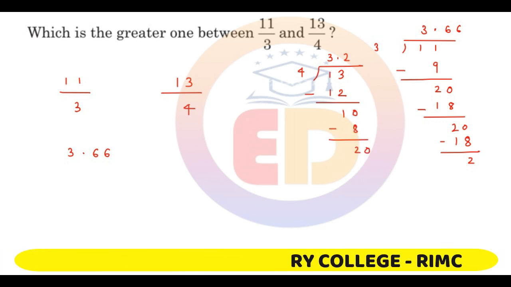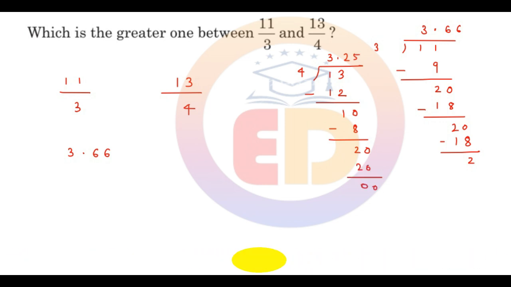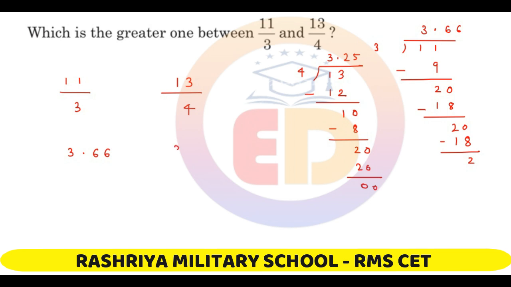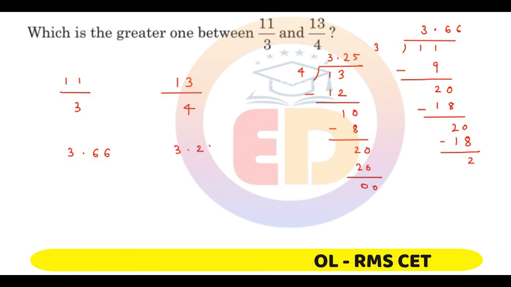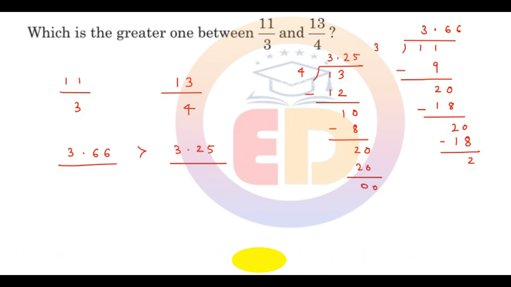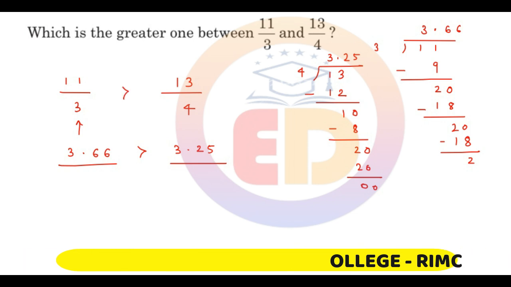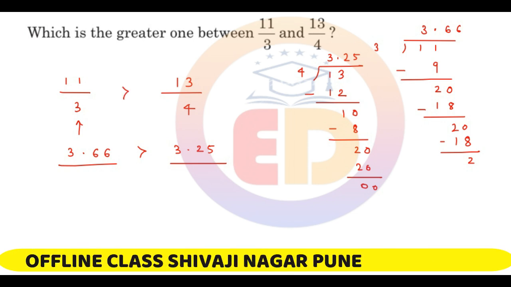Place a 0. 4 5s are 20. My division is complete. On dividing 13 by 4, I get 3.25. And when I compare 3.66 with 3.25, I see that 3.66 is greater. So the fraction corresponding to 3.66 is 11 upon 3. That will be greater than 13 upon 4.